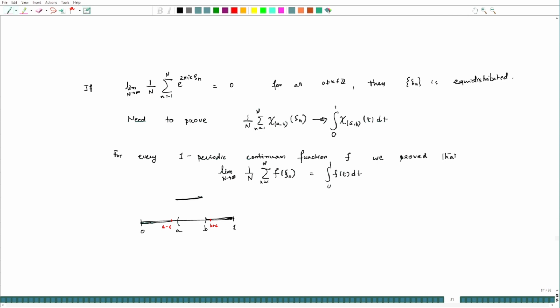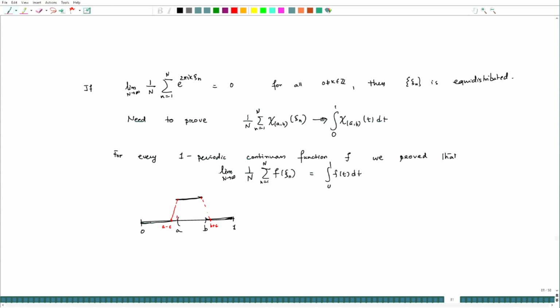So now I will take a continuous function which takes the value 1 in the interval a b, and it drops linearly, as we have seen on an earlier occasion.